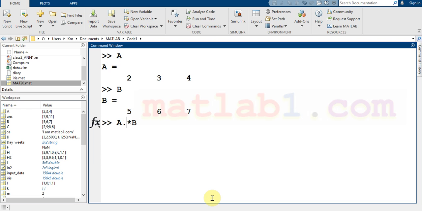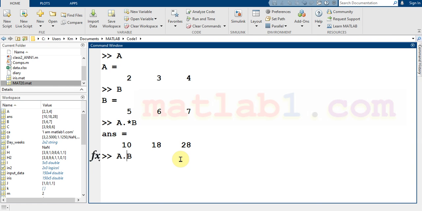It's an element-wise product, where the corresponding elements are multiplied with each other. 2 multiplied by 5 is 10, 3 multiplied by 6 is 18, and 4 multiplied by 7 is 28.